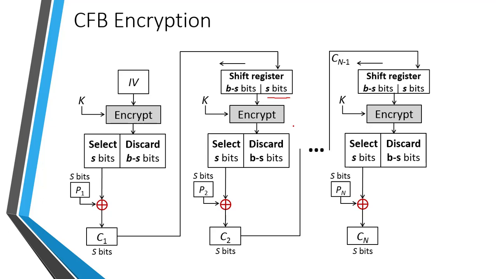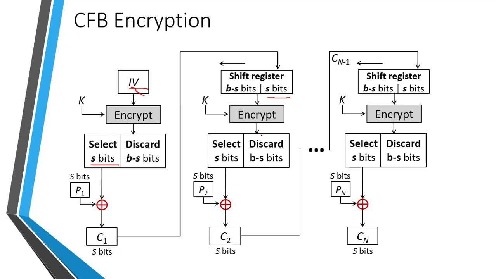So first of all, we apply as input to the encryption function a 64-bit shift register, which is initially set to some initialization vector. After that, the leftmost S bits of the output of the encryption function are exclusive OR with S bits of the plaintext unit, and we generate S bits of the ciphertext unit.